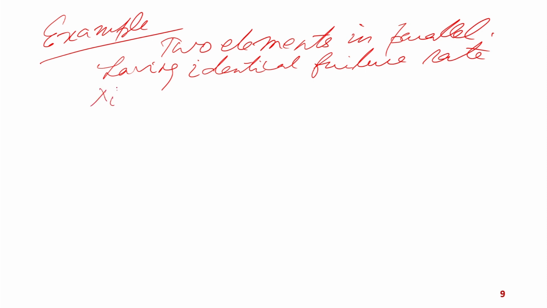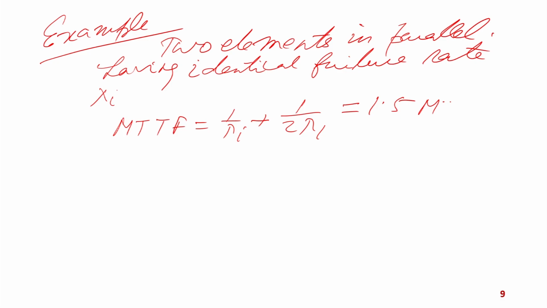So, in that case the MTTF will be equal to 1 by lambda I plus 1 by twice lambda I. So, you are getting 1.5 times the MTTF of the individual element, and this is the system MTTF.